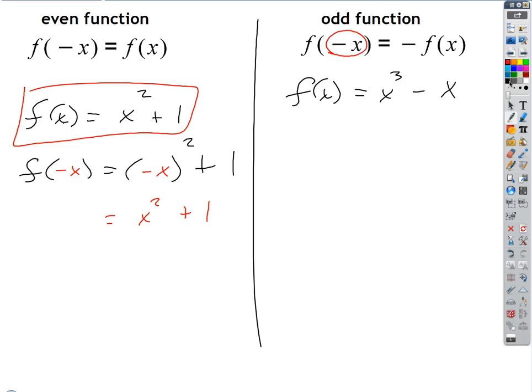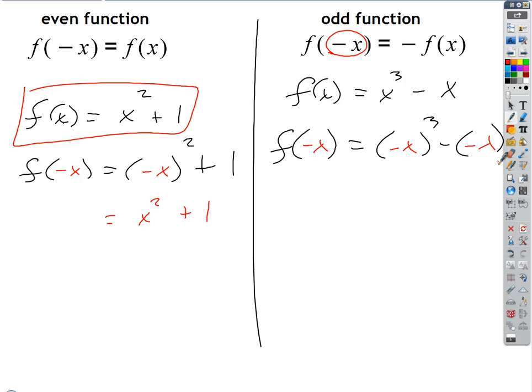So first of all, like we always do, let's just write down the function pattern. Doesn't this say that whatever I input, I'm going to cube it and then subtract from that the value, right? So f of hand is just hand cubed minus hand. Well, in this case, hand is going to be a negative x.